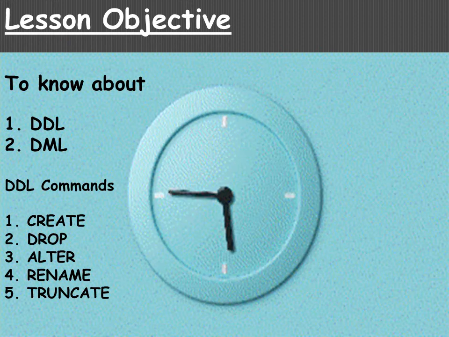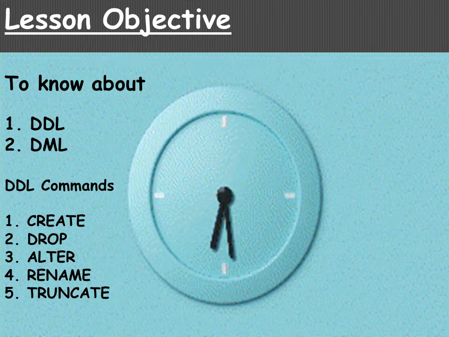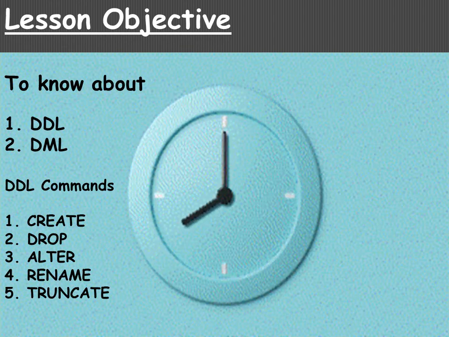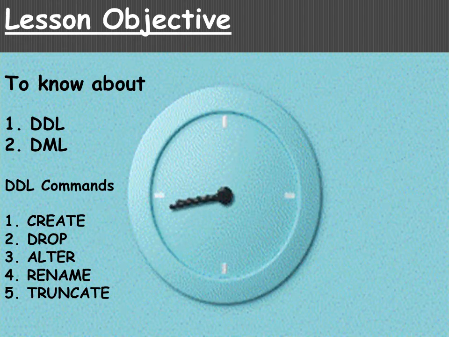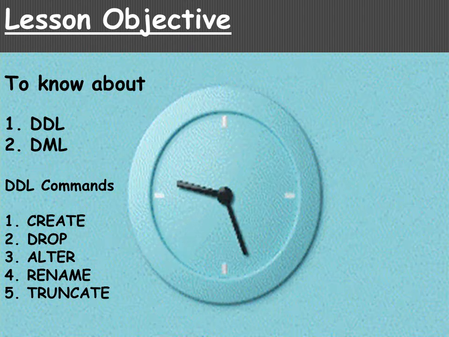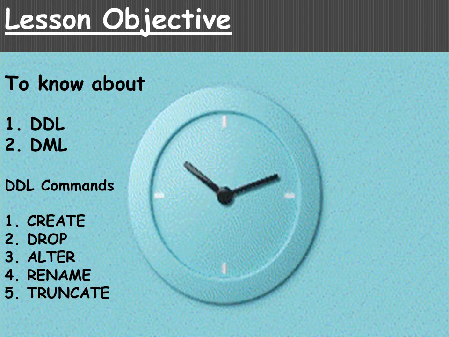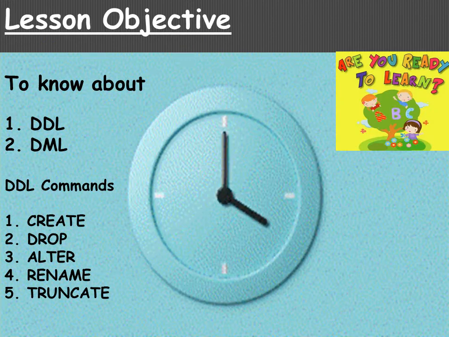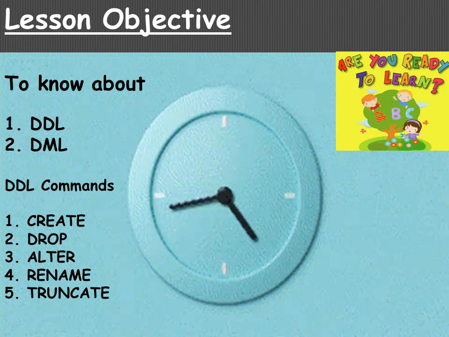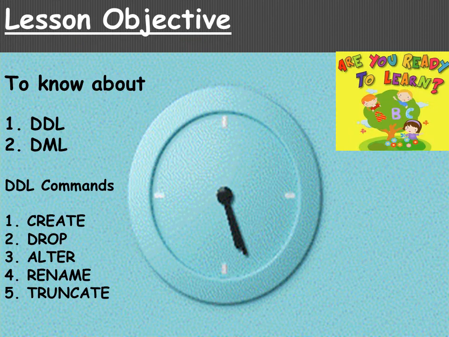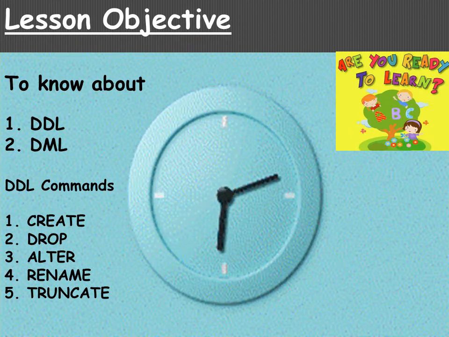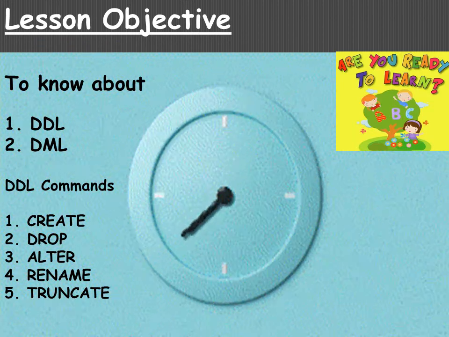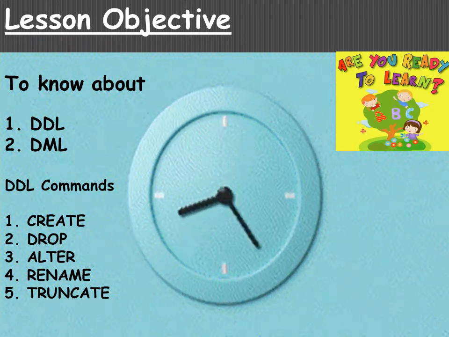One is DDL, that is Data Definition Language, and another is DML, that is Data Manipulation Language. In today's tutorial we will only discuss DDL commands. We will also learn the different DDL commands and the use of each command. There are 5 different commands in DDL: create, drop, alter, rename and truncate.